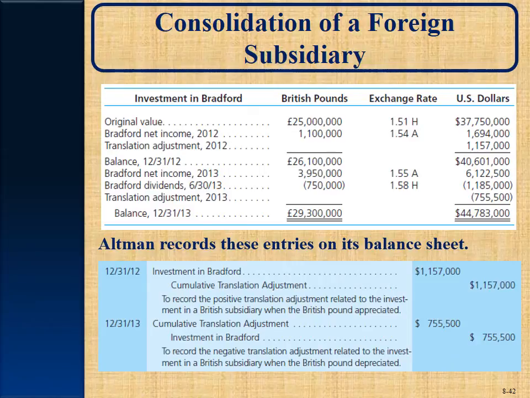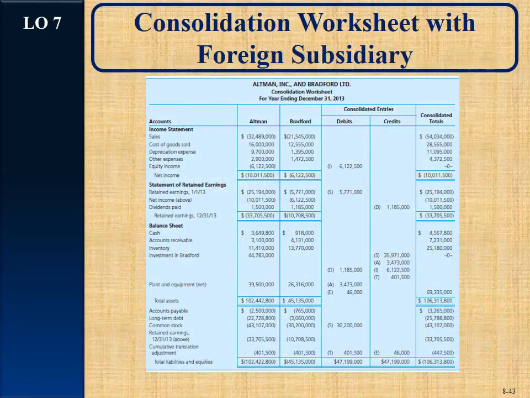Remember, that's a comprehensive income item. In 2013, though, we would debit the translation adjustment account and credit the investment for the loss. So we do journal entries during this. These are the types of journal entries you would do during the consolidation process on your worksheet. And there they are.